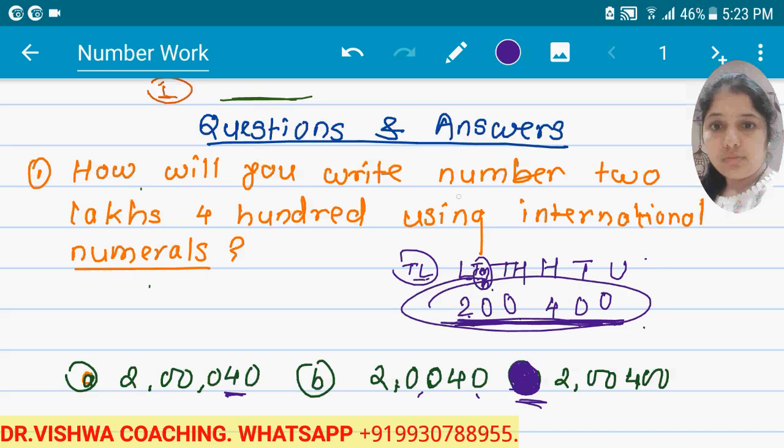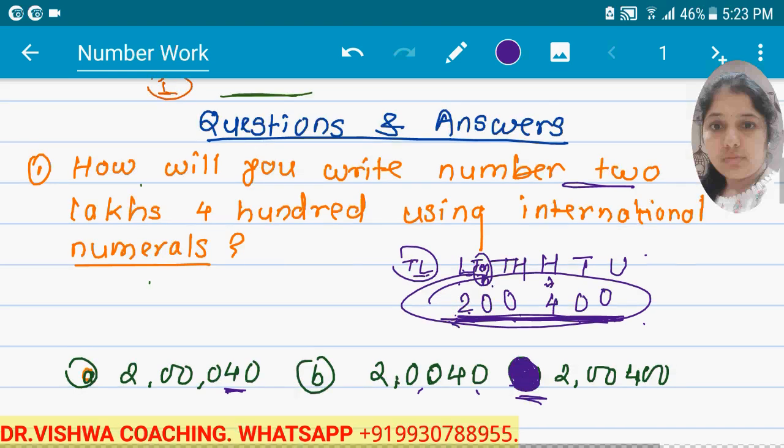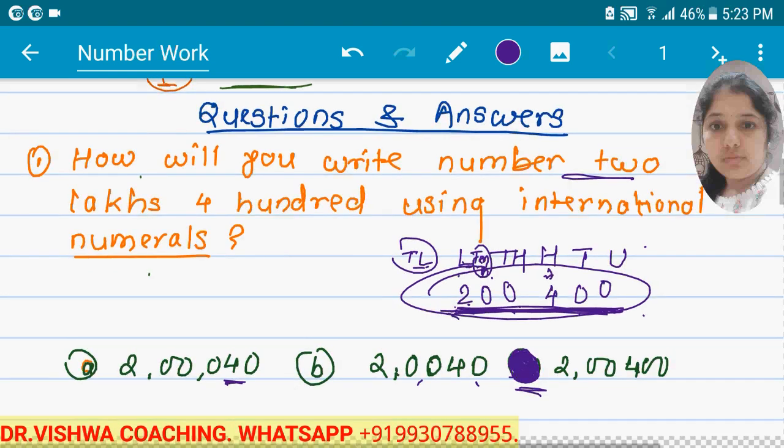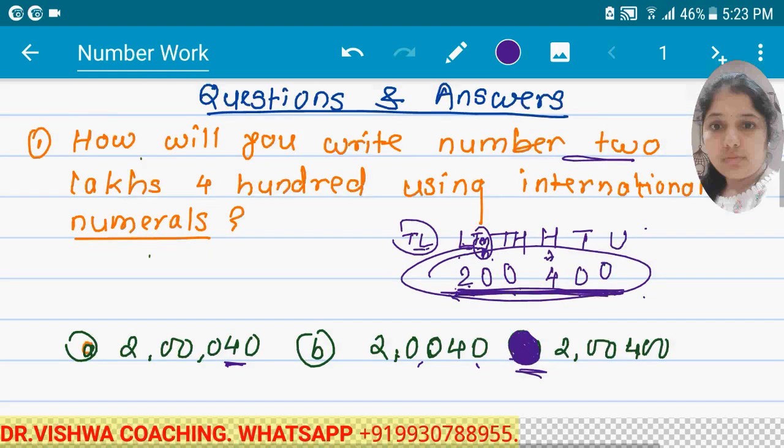We just did the same thing. 2 lakhs they said, so we put 2 at the lakhs position, and they said 400, so we keep 4 at the hundred position, and the remaining positions we keep as 0. So this is our number. This is one type of question asked on the topic of number work.